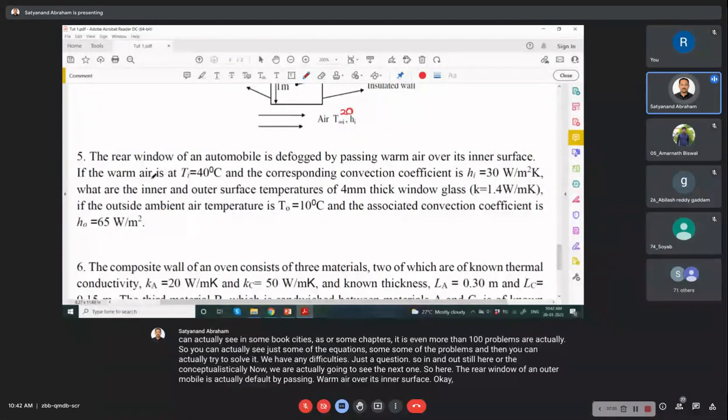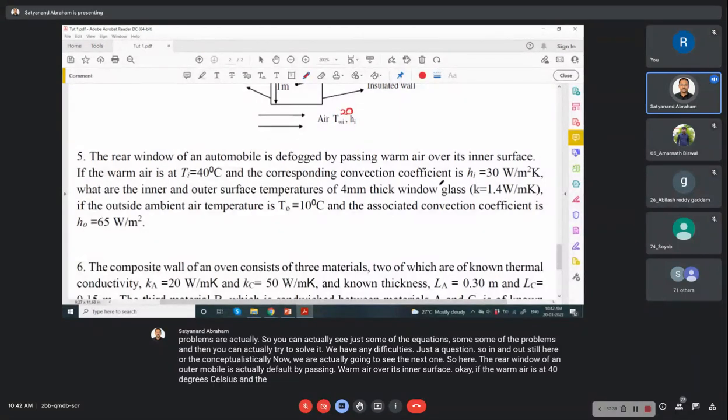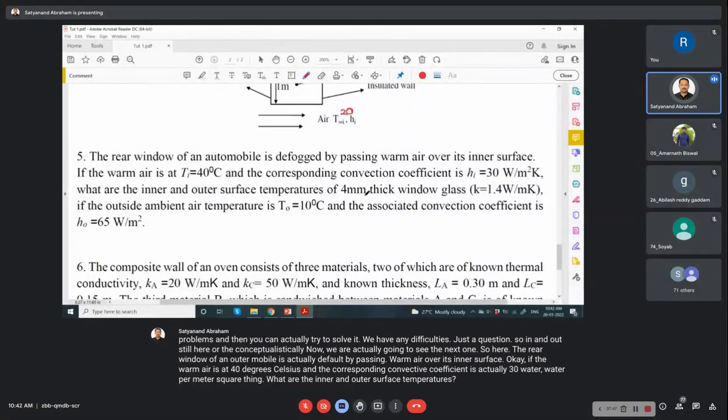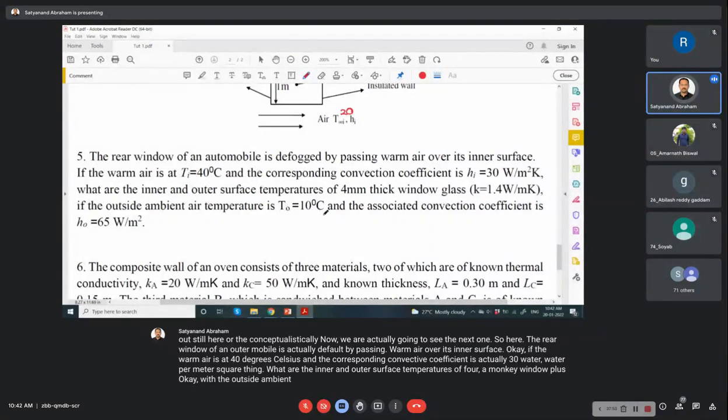If the warm air is at 40 degrees Celsius and the corresponding convective coefficient is 30 watt per meter square Kelvin, what are the inner and outer surface temperatures of a 4 mm thick window glass, if the outside ambient temperature is 10 degrees Celsius and the associated convective coefficient is 65 watt per meter square Kelvin?